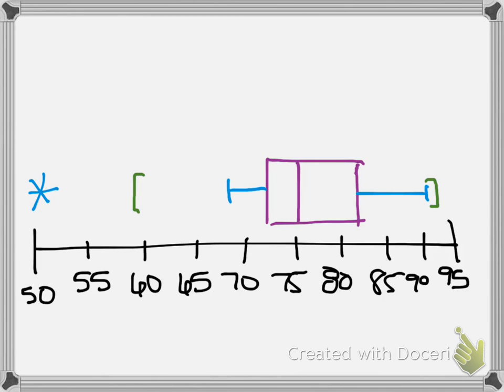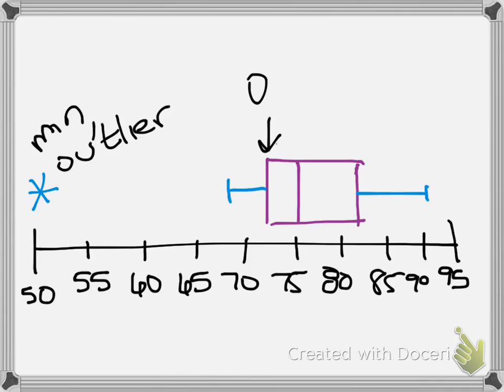So now the last thing I need to do for my box plot is erase these 2 green temporary brackets that I drew. And I'm going to annotate this for you real quick. So right here, this is our minimum, and it's also an outlier. This right here is our Q1. This is the median.